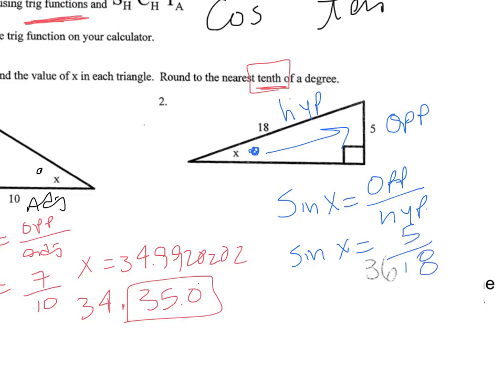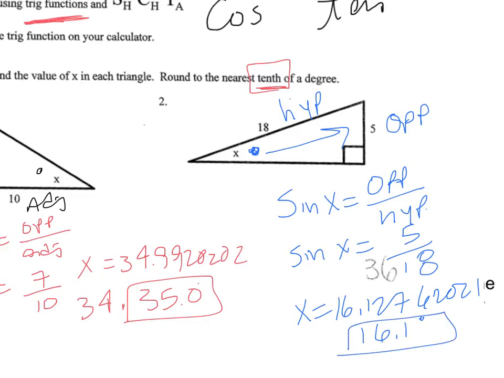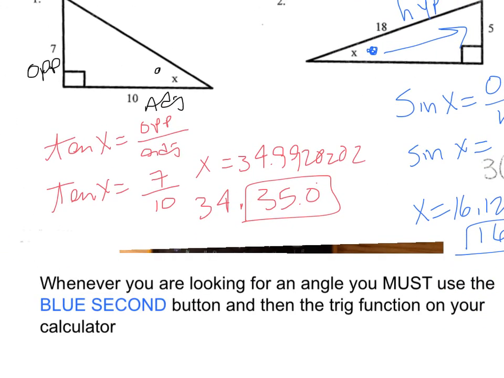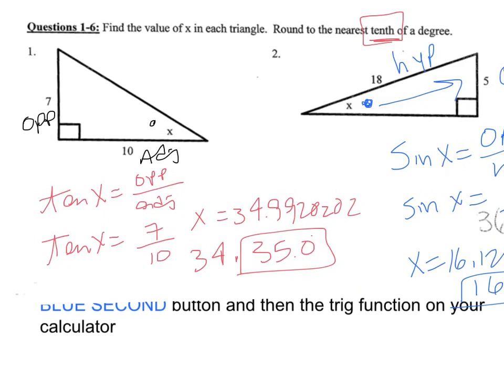In my calculator, I'm going to press second sine, 5 divided by 18, and it spits out 16.12762021, so 16.1 degrees. Now, if you happen to have gotten the number 0.0048481178, then you did not press the second button. Please make sure you're pressing the second button whenever we look for an angle. Remember, whenever you're looking for an angle, you must press this blue second button.